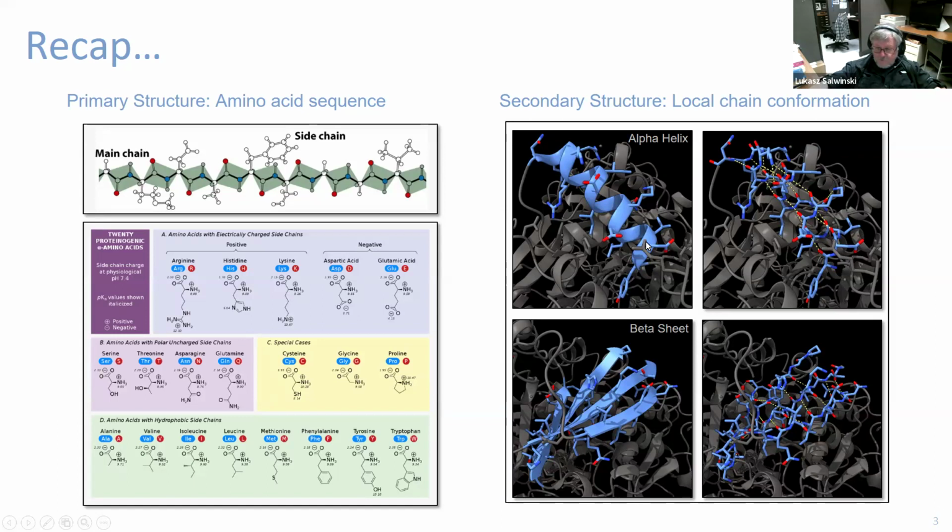The backbone makes turns and twists around itself. The structure is, as I mentioned, stabilized by hydrogen bonds formed between the carbonyl group of the main chain and the NH group from a few residues in front of it or behind it, depending on which direction you're coming from.